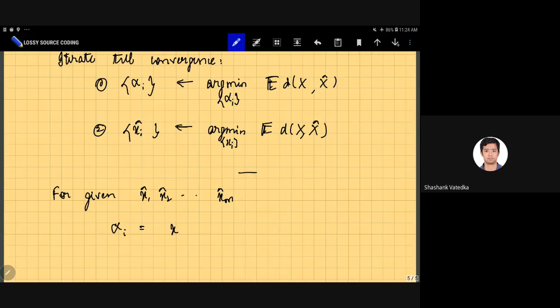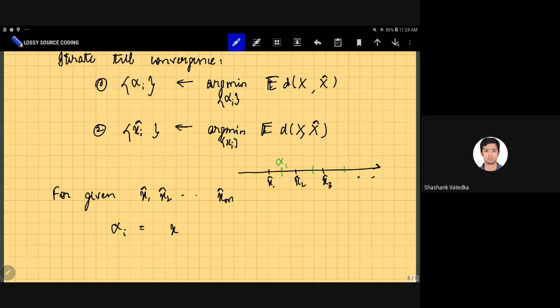Let's look at the picture: you have x1 hat, x2 hat, x3 hat, and so on. We fix alpha i to be exactly in the midpoint of these.